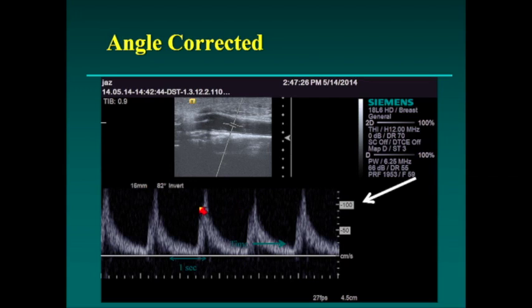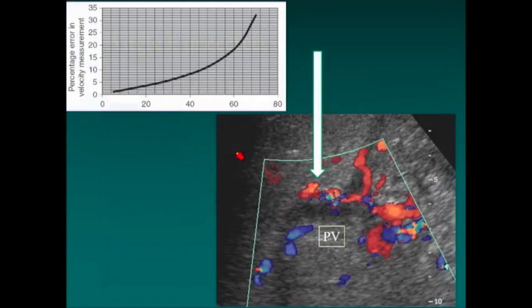You can see why a lot of Doppler experts are militant about the Doppler angle, because if ever they see a study submitted for publication and the Doppler angle is not appropriately adjusted, then basically it's garbage.